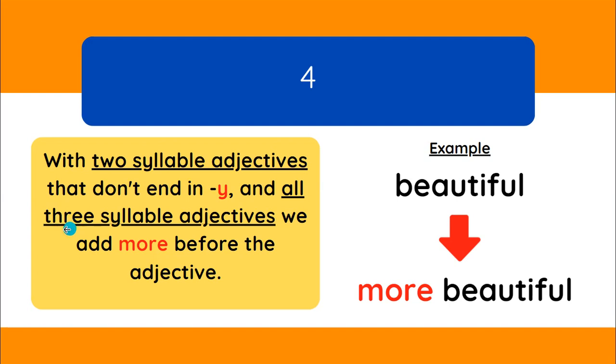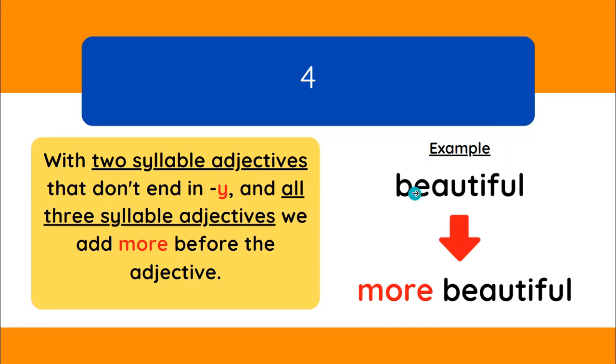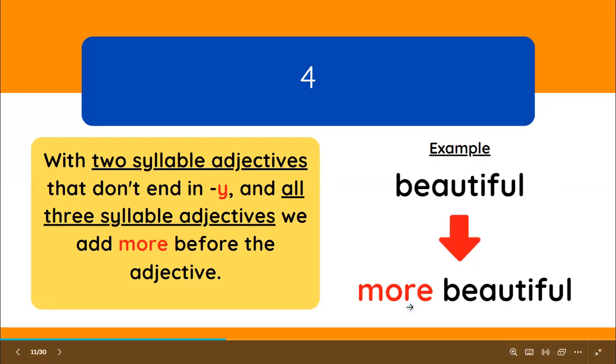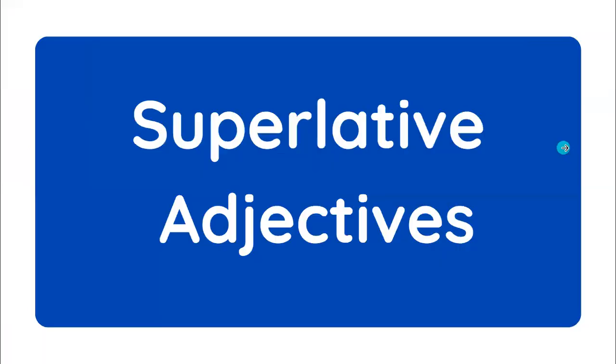Three is a tree, the one that we have in our gardens, with leaves, flowers, fruits. For example, here we have beautiful. It's a longer one, so we need to add more beautiful because we are not able to just add ER. All right. Good job, ladies.